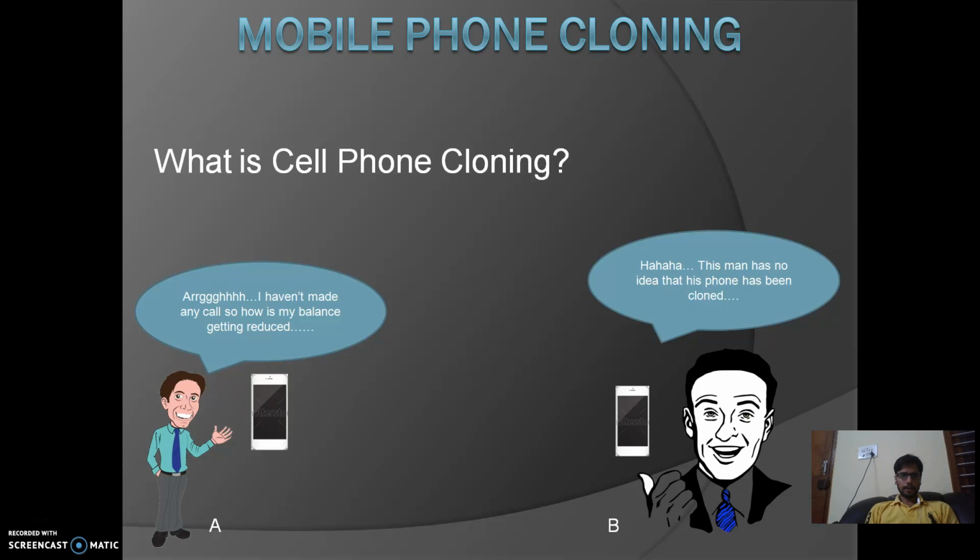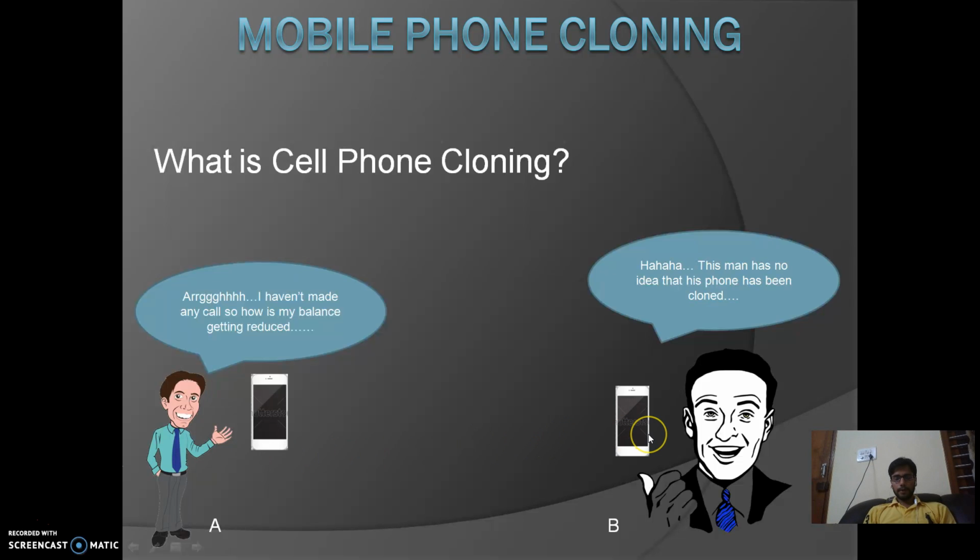Here we can see that A is our legitimate user and B is the fraudulent person. A is thinking that even if he is not making any calls, why is his balance being reduced? How is this possible? This is possible because person B has cloned the phone of person A. Suppose A has contact number XYZ.